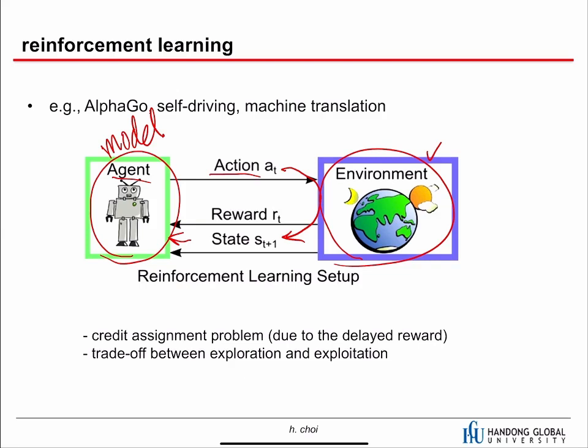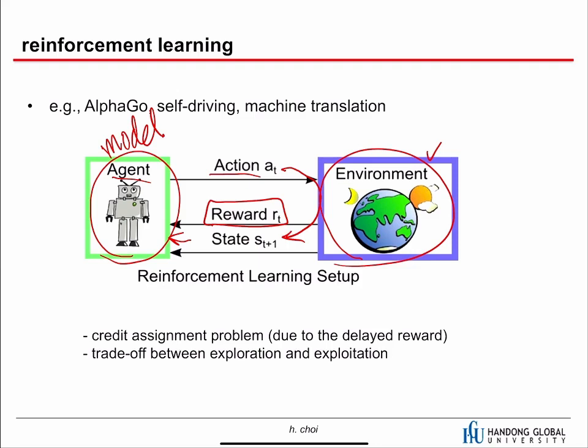That's one major difference. Another difference is that the agent cannot get the target label, but it gets just a reward, not the target label. Let's say we have a multiple choice problem here. If it is supervised learning, then when I predict one answer, when I say, oh, the answer is B, it says it is correct or it is not correct.